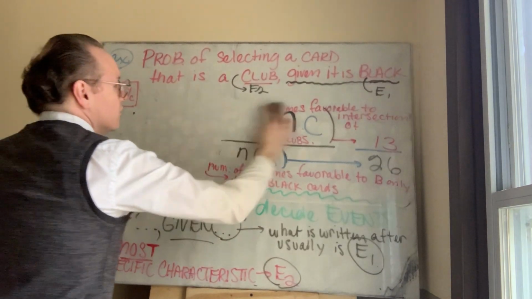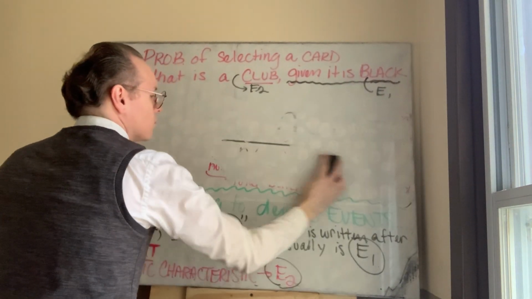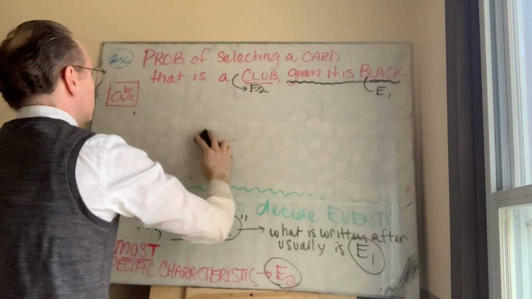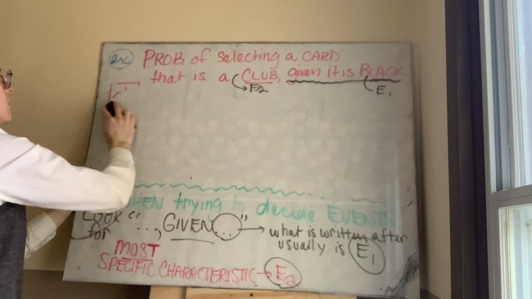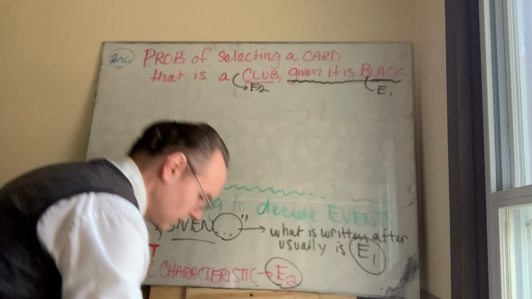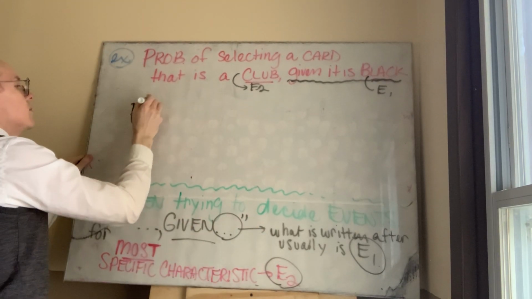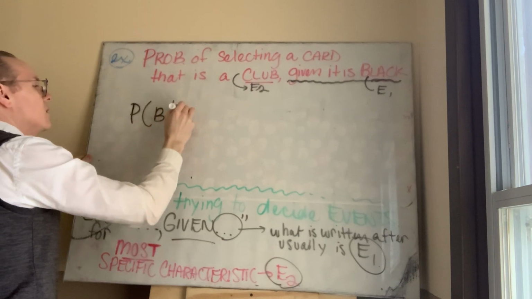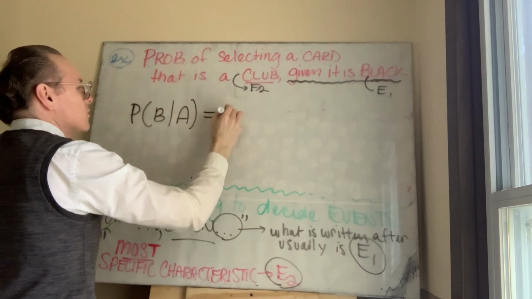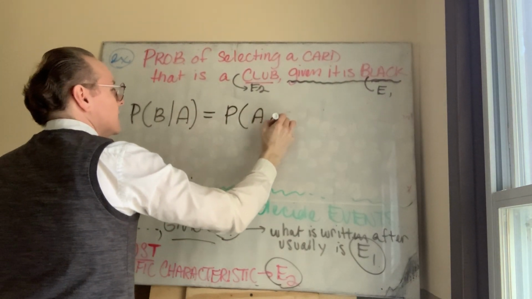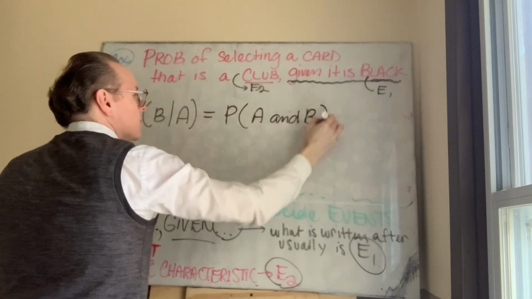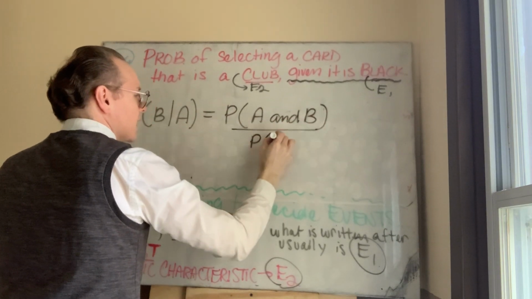Here is the alternative form of this that will produce the same result. This is something that you might see in another textbook. The probability of B given A is equal to the probability of A and B over the probability of A only.